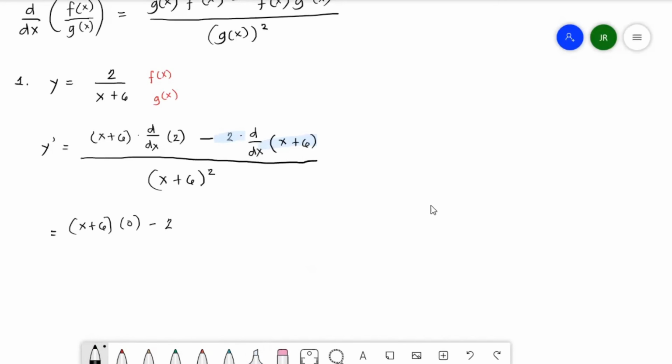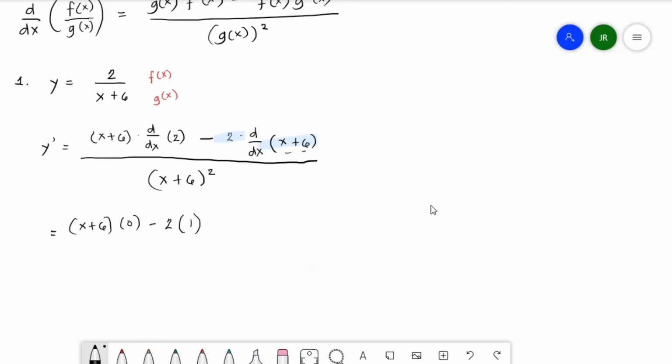Again, derivative of x ay 1 plus derivative of 6 ay 0. So 1 plus 0 is 1 lang po. Okay po? Again, derivative of x plus 6 with respect to x is 1. Since the derivative of x is 1, derivative of a constant 6 is 0.